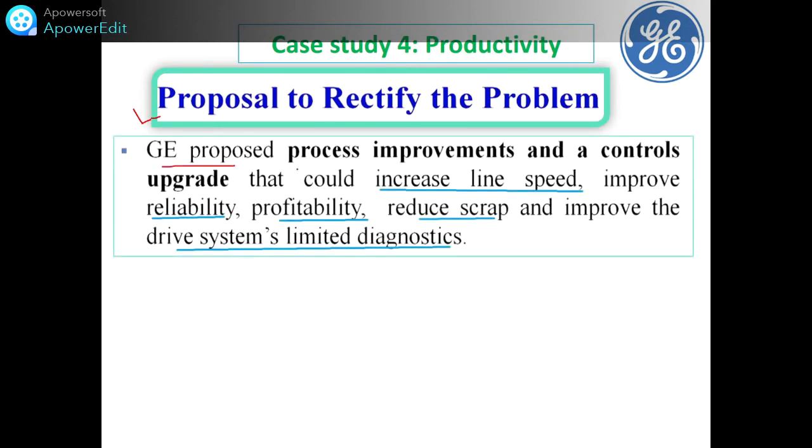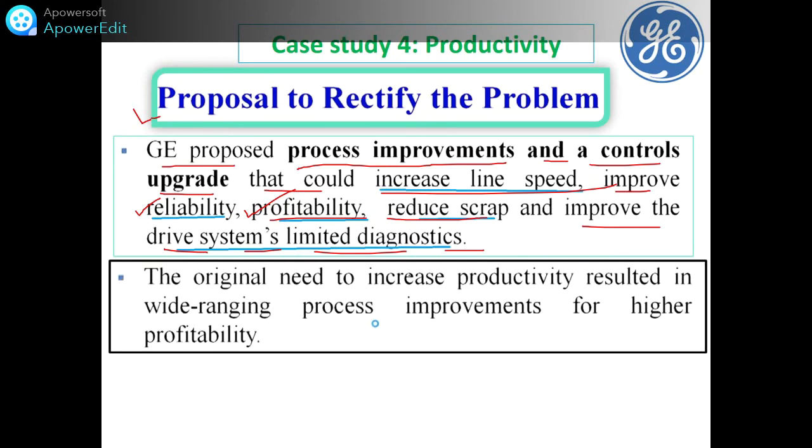G proposed process improvements and a controls upgrade that would increase line speed, improve reliability, increase the profitability of the industry, reduce scrap and improve the drive system's limited diagnostics. So friends, this is the proposal to rectify the problem.